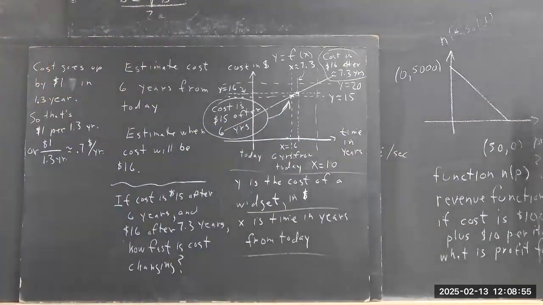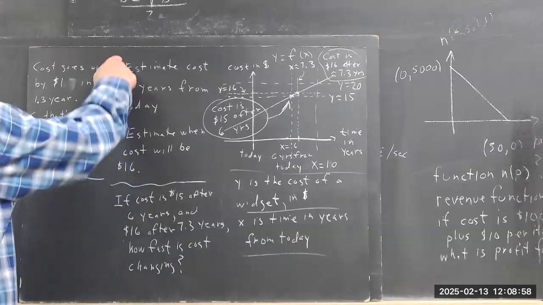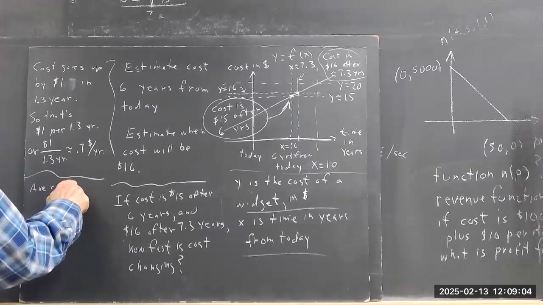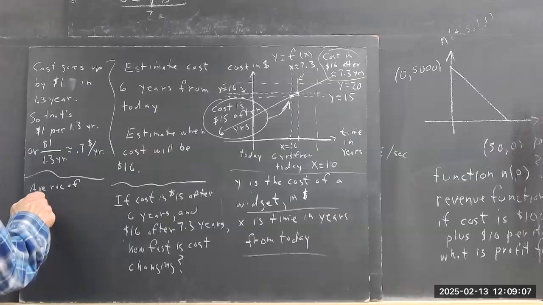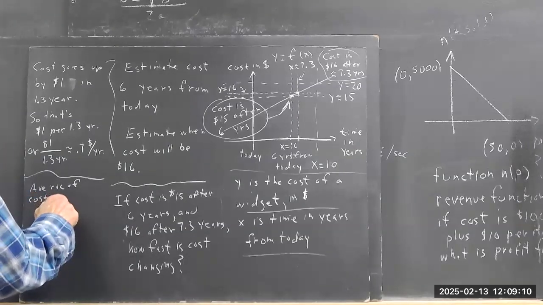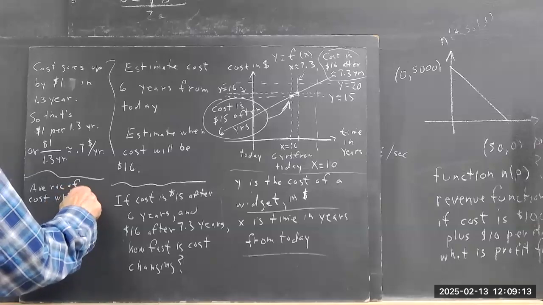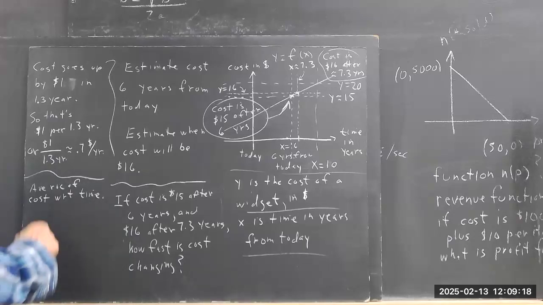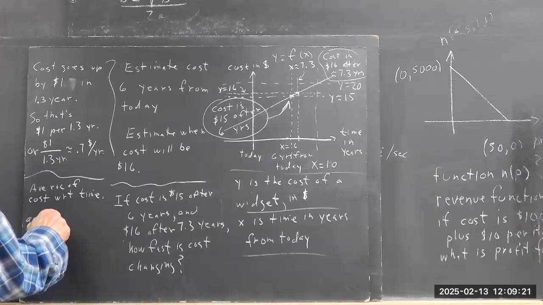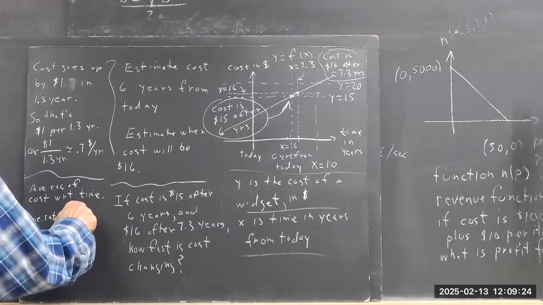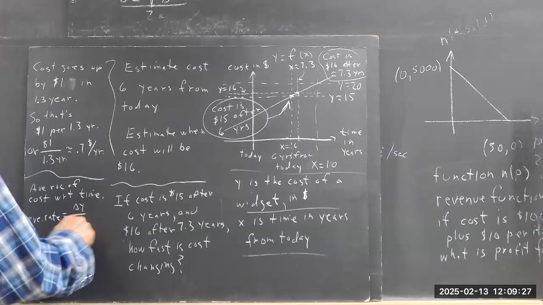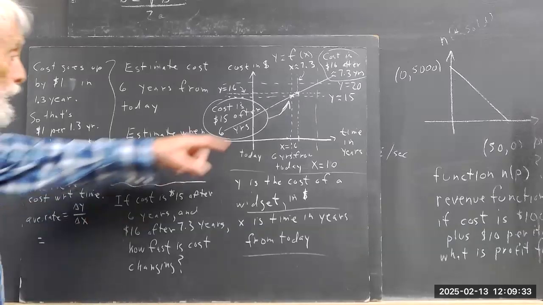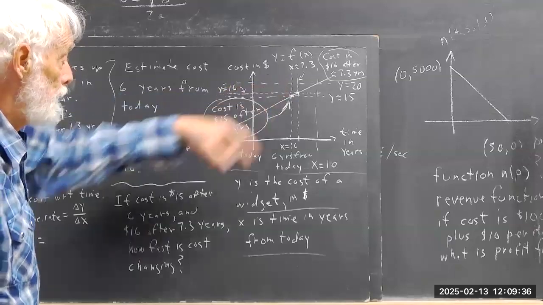Okay. Now, this fits into the definition of average rate, which many people use. That is the average rate of change of cost with respect to time. Okay. The average rate equals delta y over delta x. What's delta y? Y goes from 15 to 16.